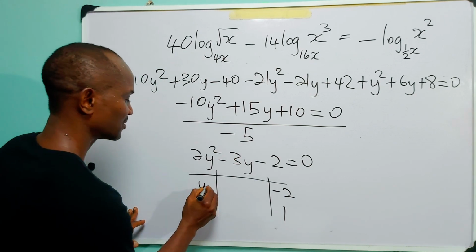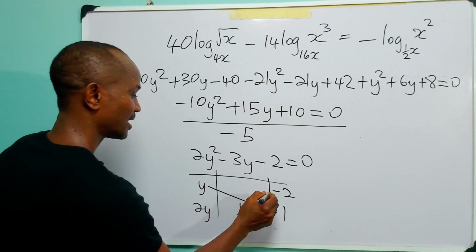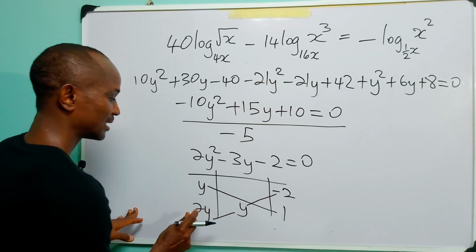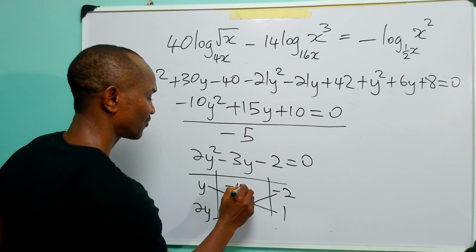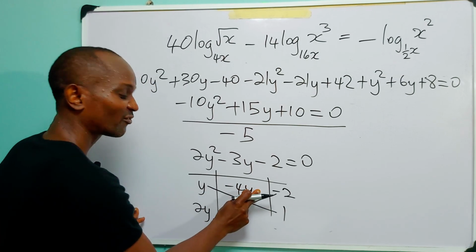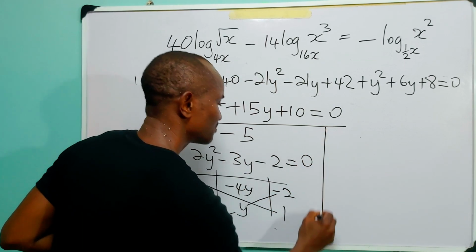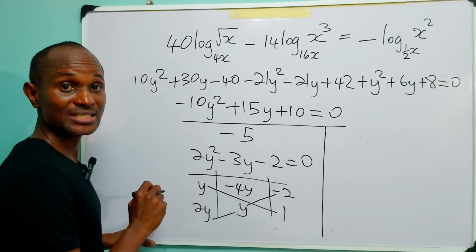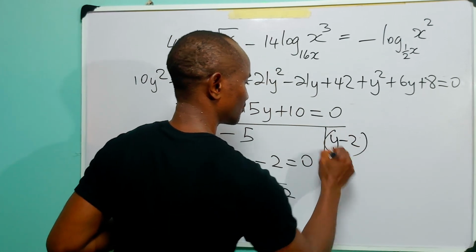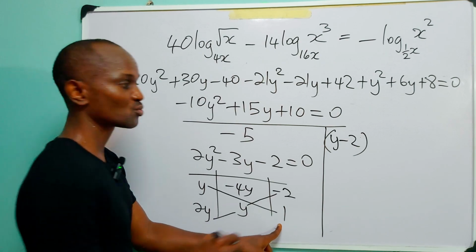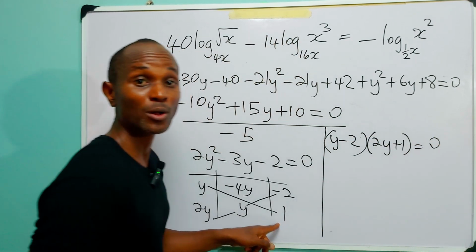Now let us check for the middle term. Y times 1 is y, and minus 2 times 2y is minus 4y, and minus 4y plus y will give you minus 3y. So that tells us that the factors of this quadratic equation are y minus 2 and 2y plus 1, and of course, this is equal to 0.